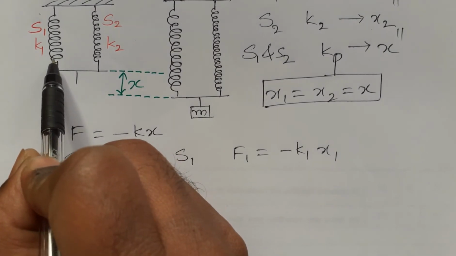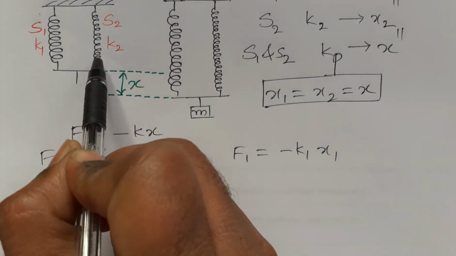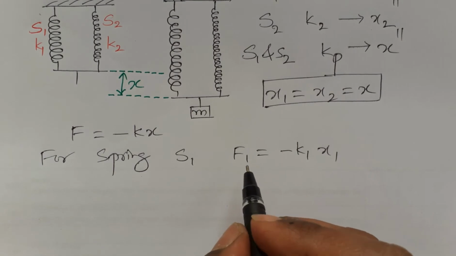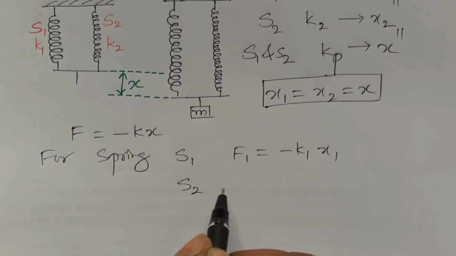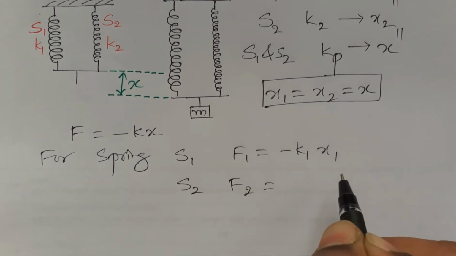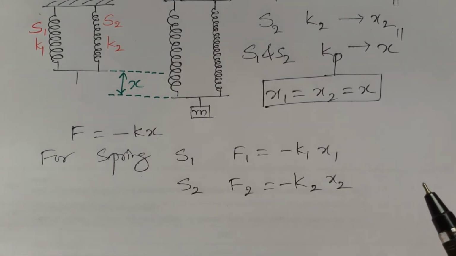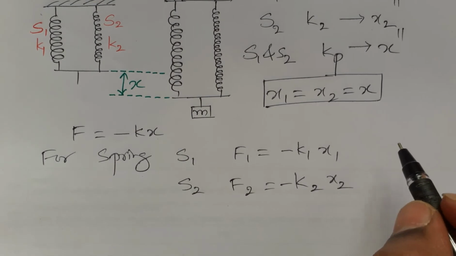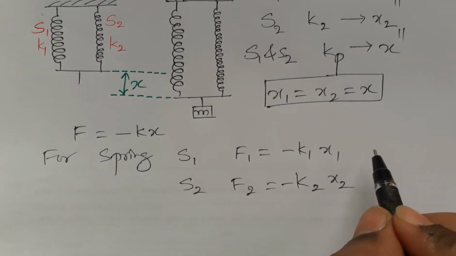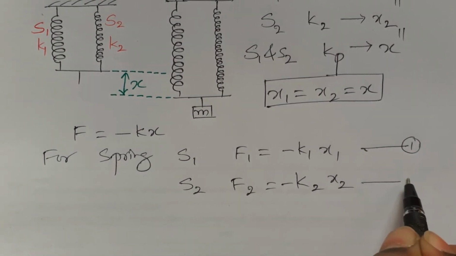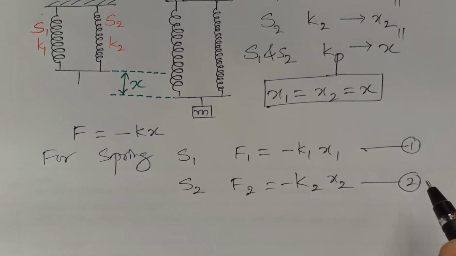F1 is the force in the S1 spring, F2 is the force in the S2 spring. So for S2 we have F2 is equal to minus K2 x2. Say this is equation number 1 and this is equation number 2.